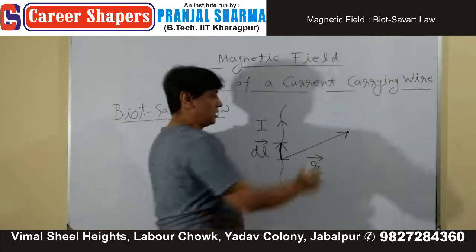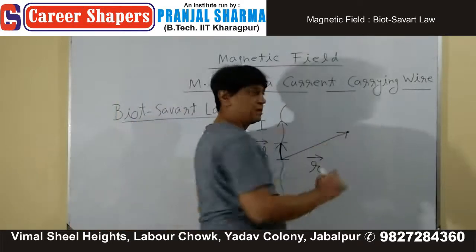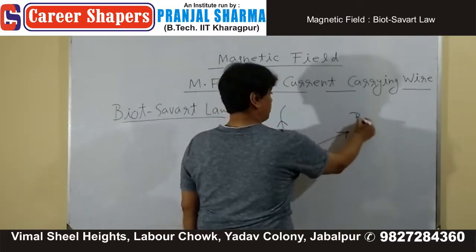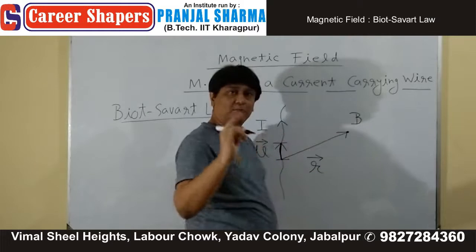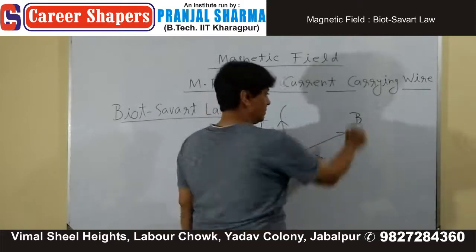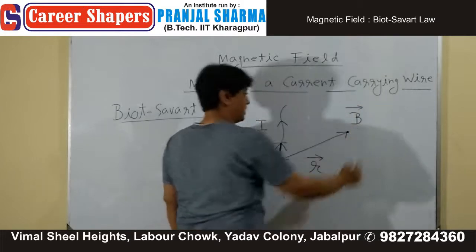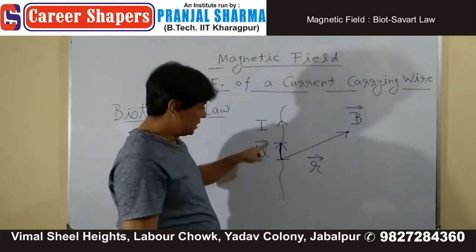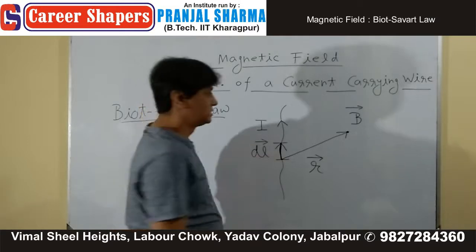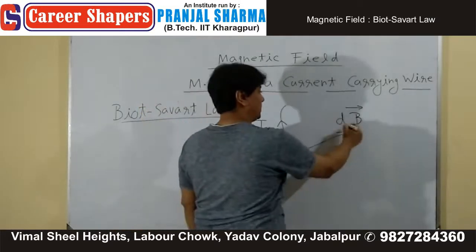Then at this point, the magnetic field, I hope you remember, is represented by B. So the magnetic field which is being developed by the small dl segment is dB.